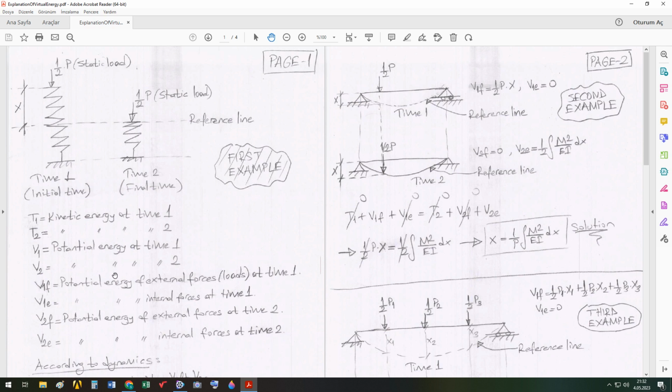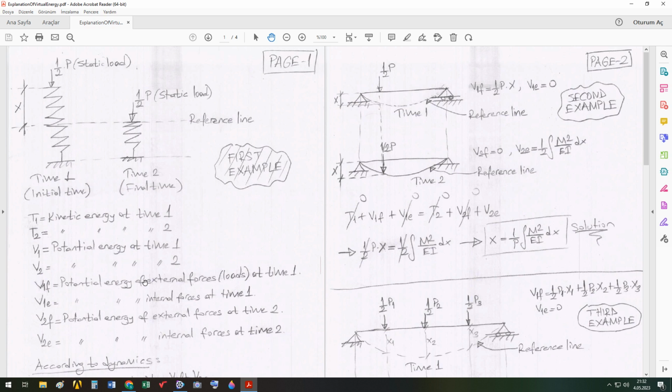So potential energy is divided into two. From your dynamics, mechanics or materials 2 lectures, you know, in dynamics, the potential energy is divided into two parts. One part is because of external forces, and the other part is because of the internal forces, or the energy stored in the structure.